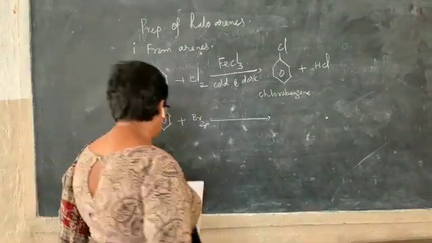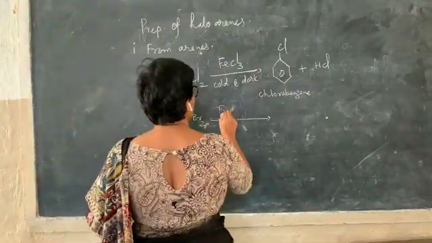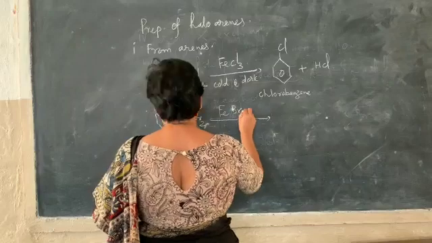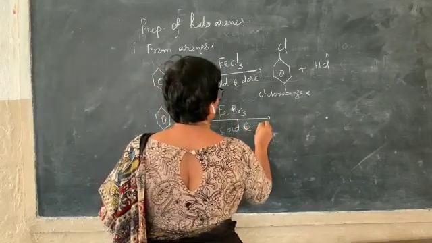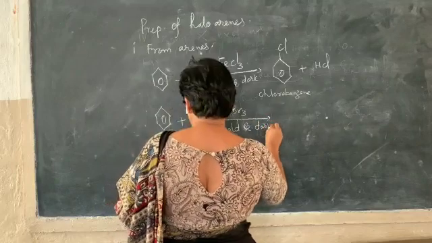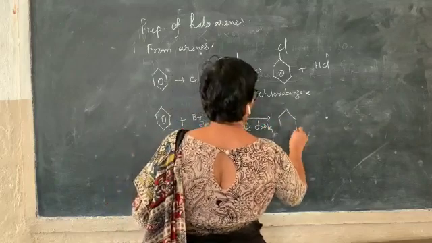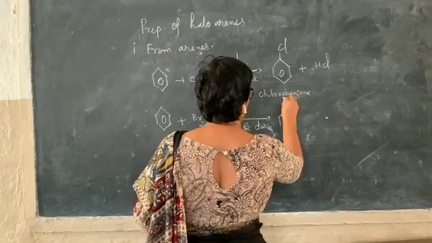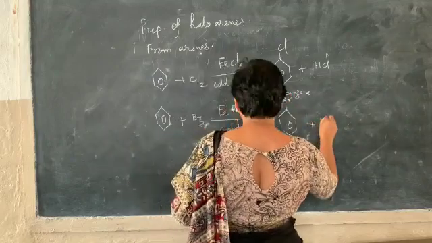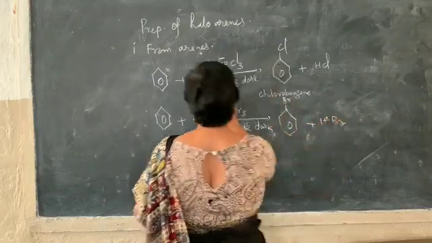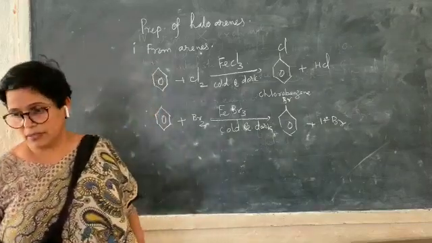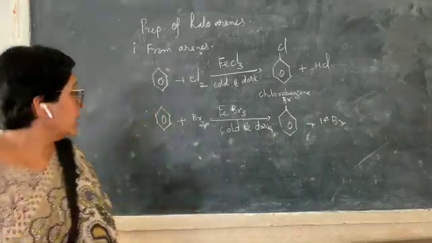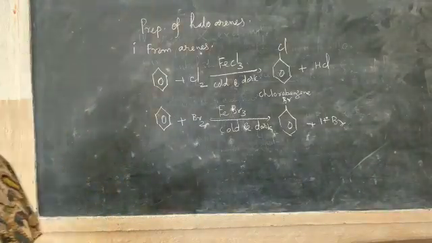So Br2 gas in the presence of FeBr3, very easy to write this chemical equation. You will get bromobenzene and HBr instead of HCl. Okay, write down the chemical equations.